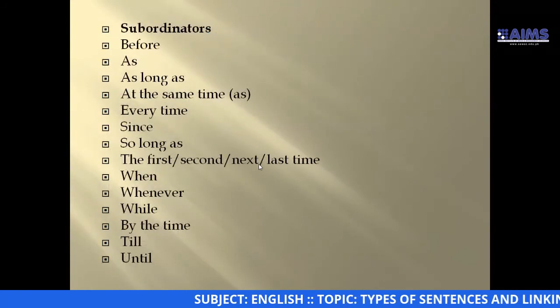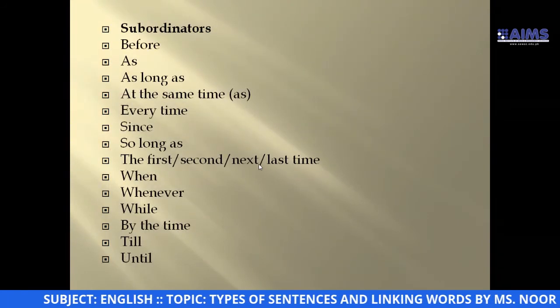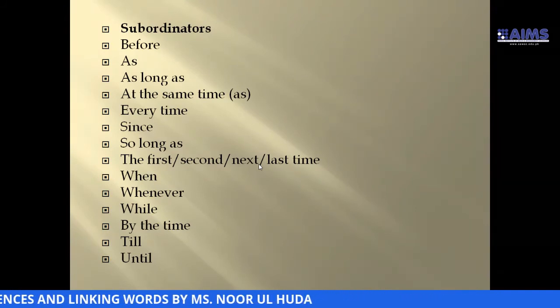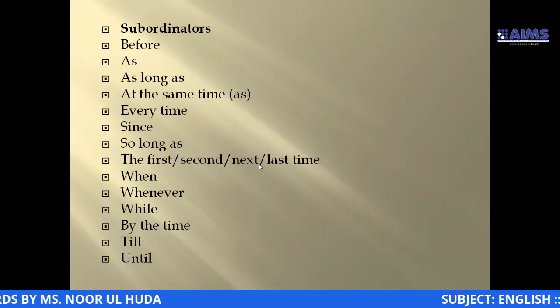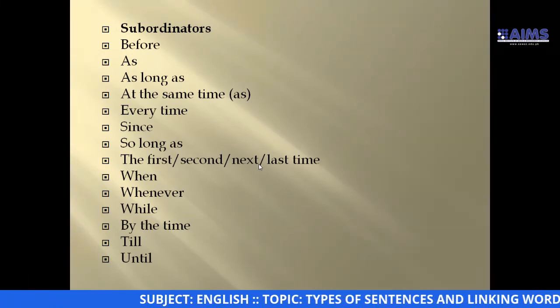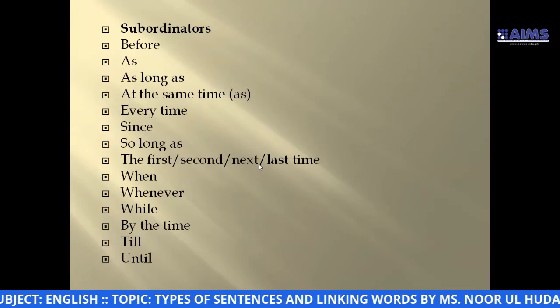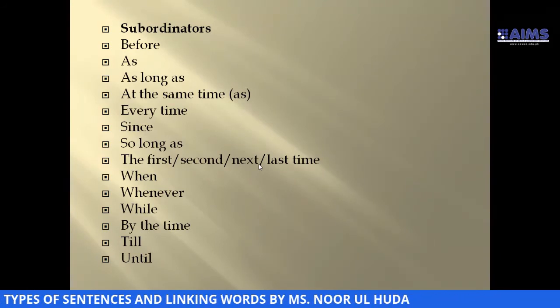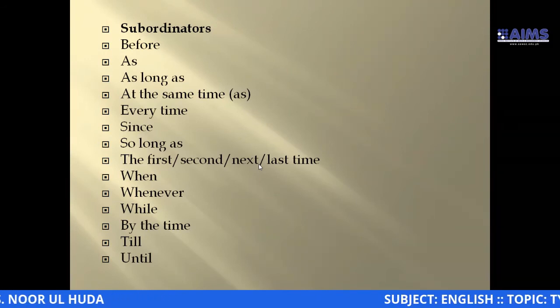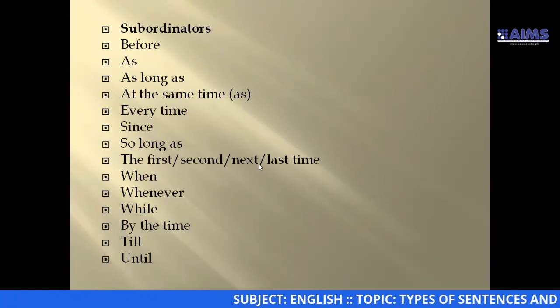Okay, now the other thing is subordinators. Subordinators are the subordinating conjunctions which we have discussed before. When we talk about subordinating conjunctions, we use two kinds of clauses in a single sentence to form the connection between them.